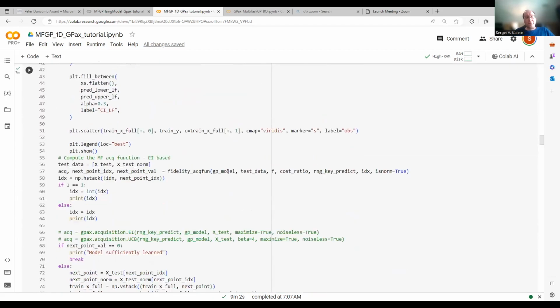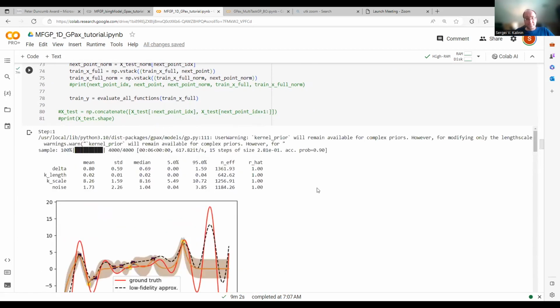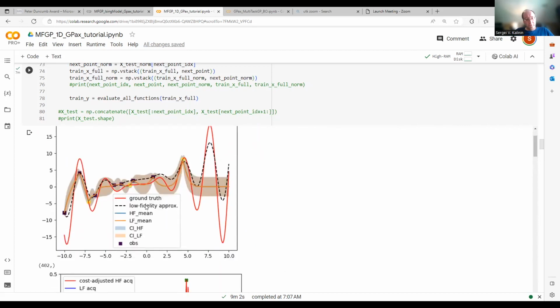So let's run the Bayesian optimization for 15 iterations. See what happens. So now our output becomes slightly more complex, because now we also have the parameter delta, which is essentially the parameter that defines the fidelity kernel. And everything else is the same. So we have the length scale, and noise.